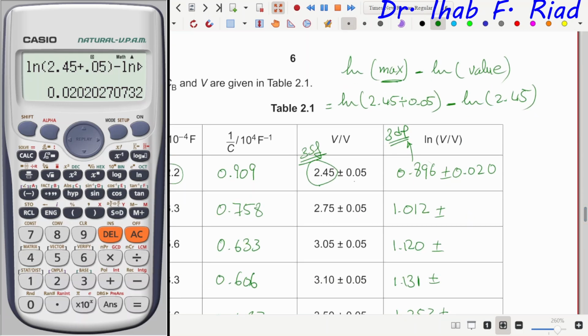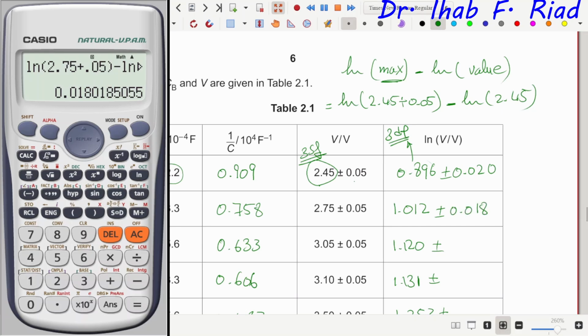We do the same for this one. So it is going to be ln of 2.75 plus 0.05 minus ln of 2.75, which is 0.018.